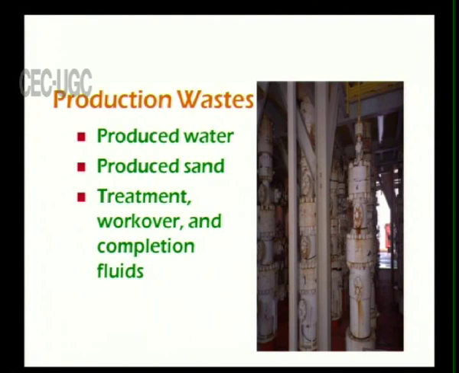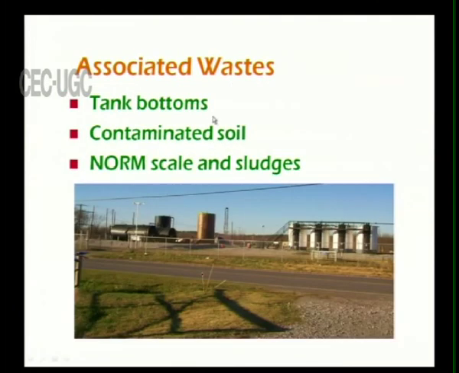And the production waste: the produced water, sand, the treatment work and the completion fluid. And the associated waste, see, the production side is over, and associatedly a lot of other processes are happening.